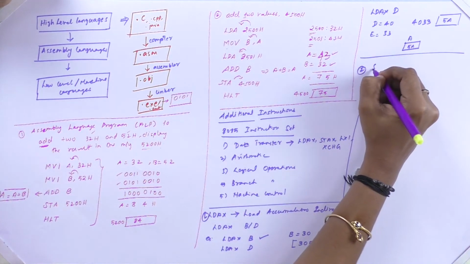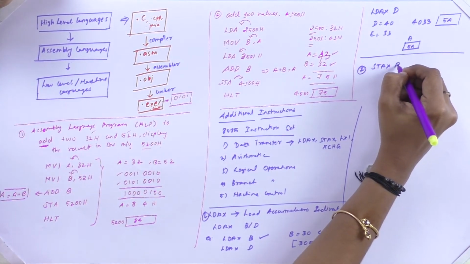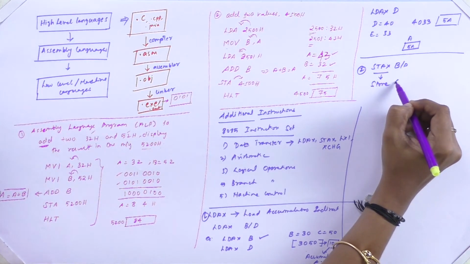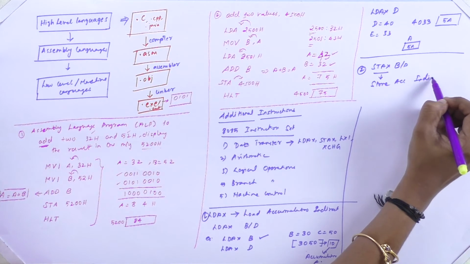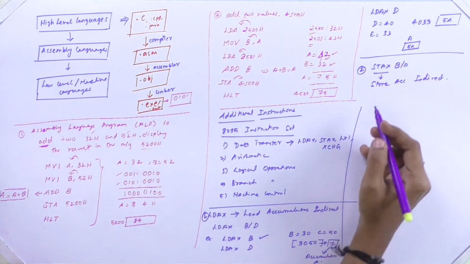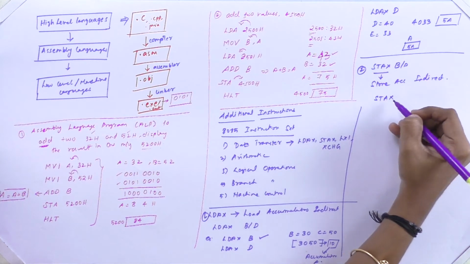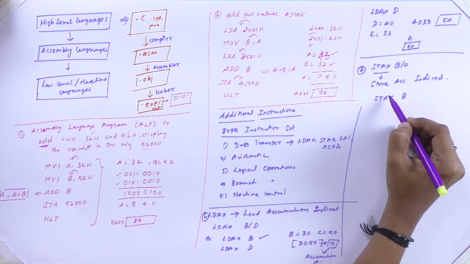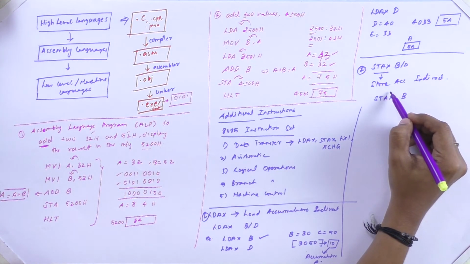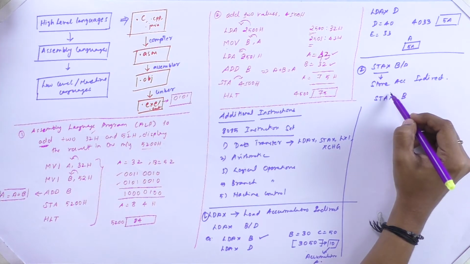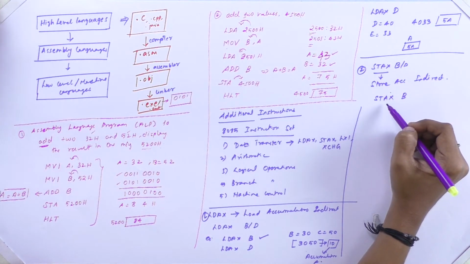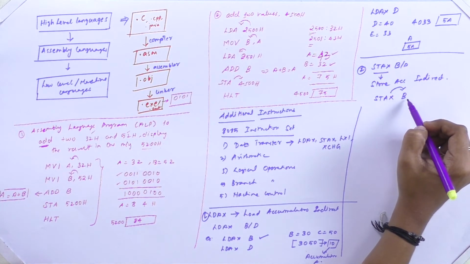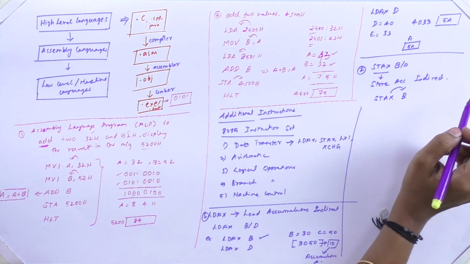The next instruction is STAX B or D. It means store accumulator indirect. The function of this instruction is to copy the content of accumulator to the memory location specified by BC register pair.